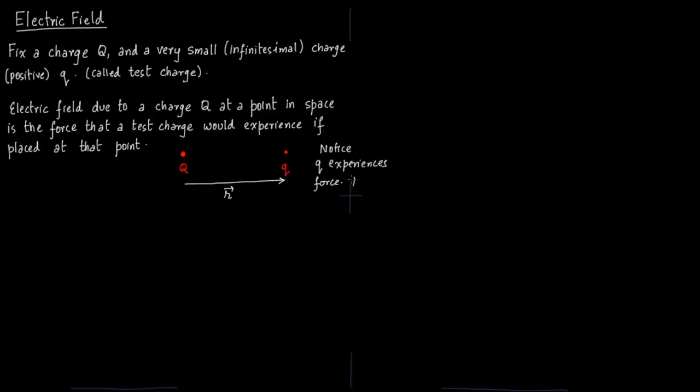So notice that this is small q, the test charge, that experiences the force. So the force is given as K times capital Q times small q divided by the distance between them, r square, times r hat.